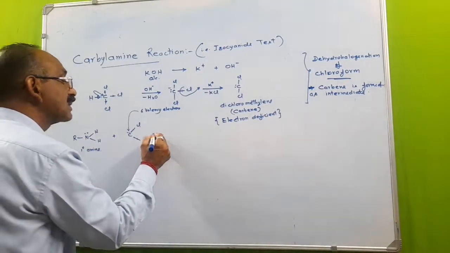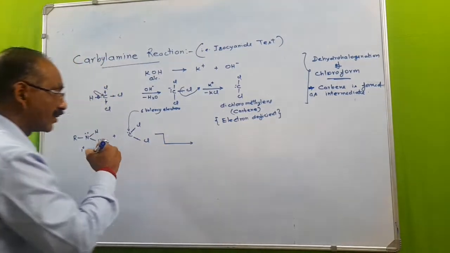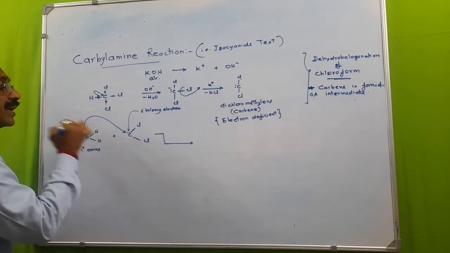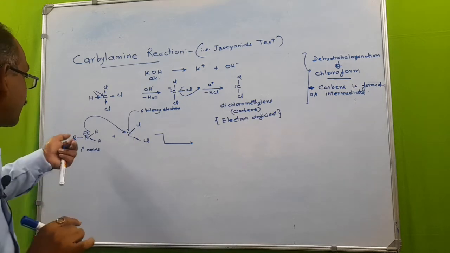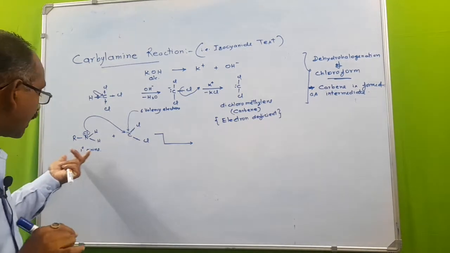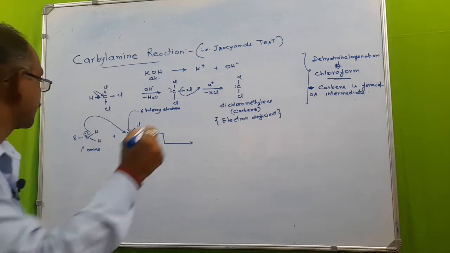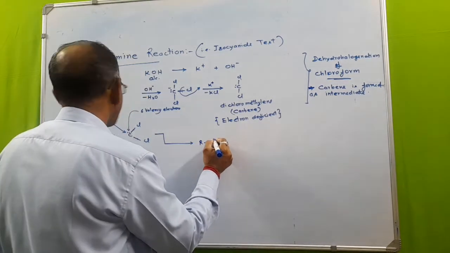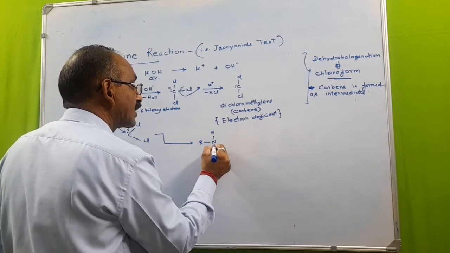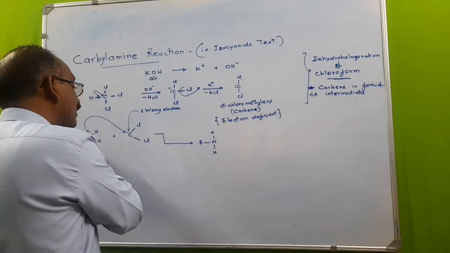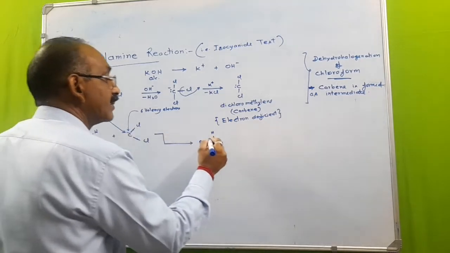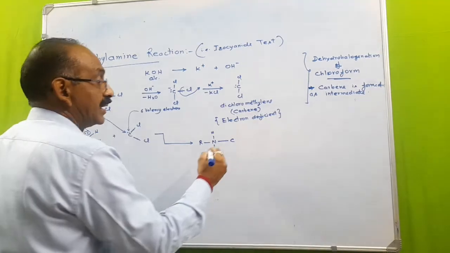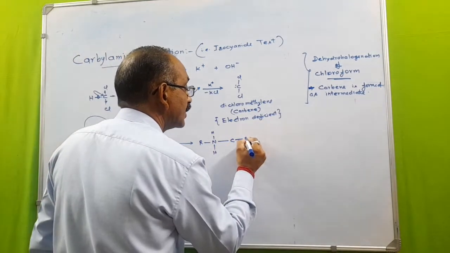Now in order to compensate its deficiency of electrons, nitrogen will donate its electron pair to the carbon, because nitrogen is having a lone pair. So this primary amine is acting as a Lewis base. So what will happen here? RN. Now at this nitrogen there are 2 hydrogens. Since nitrogen has donated its electron pair to the carbon, a bond will form between the nitrogen and carbon, and at this carbon there are 2 Cl.